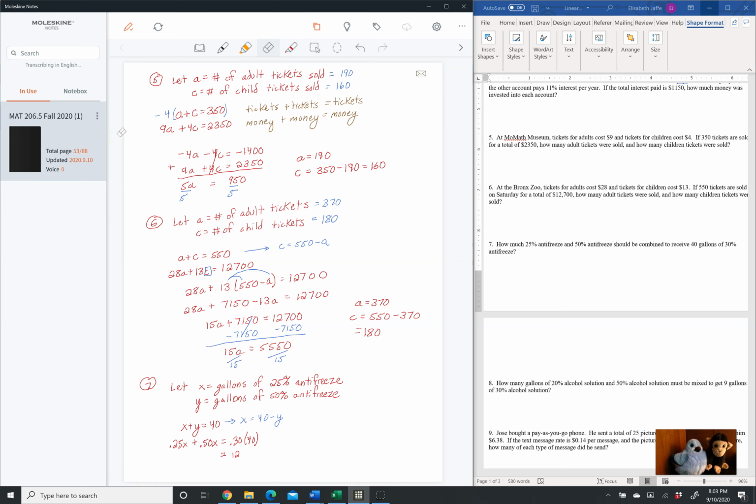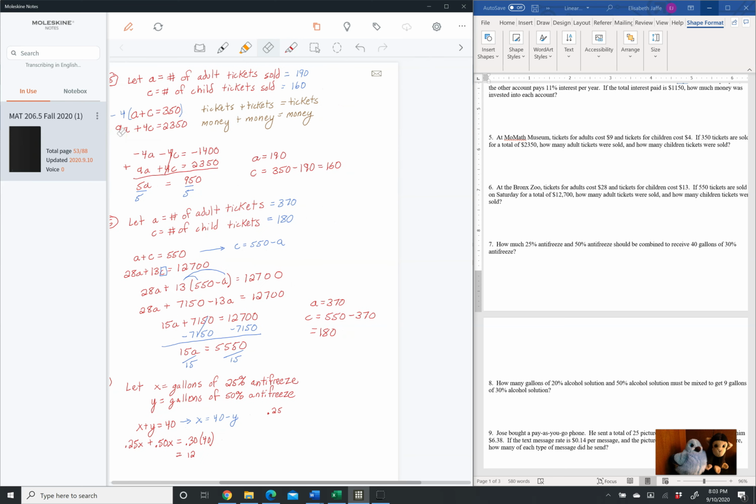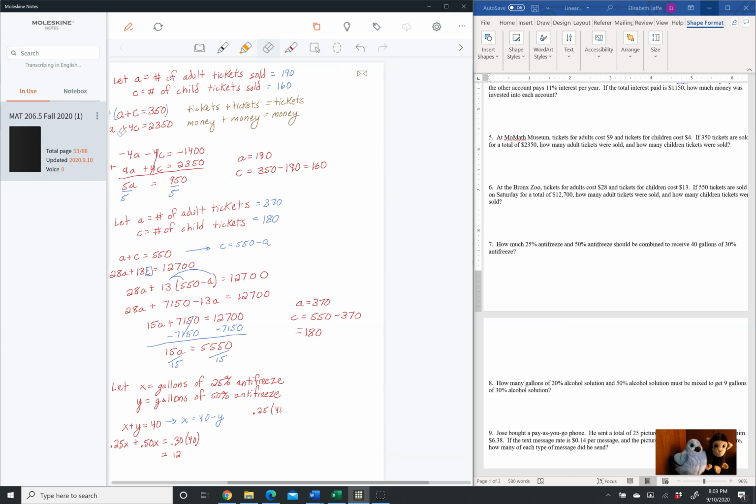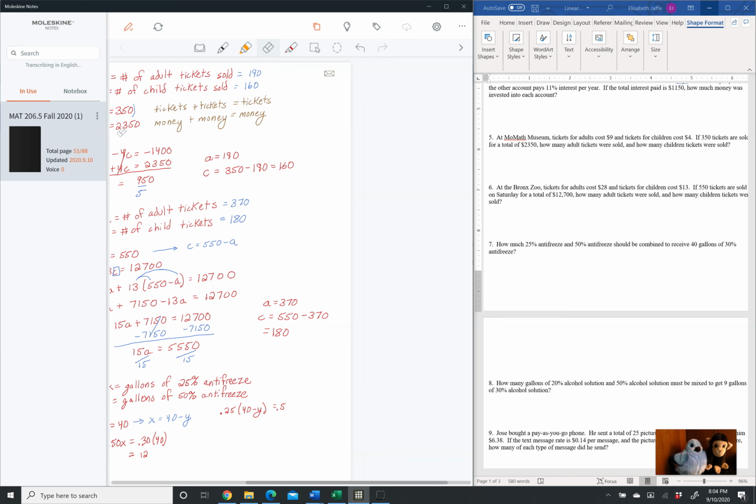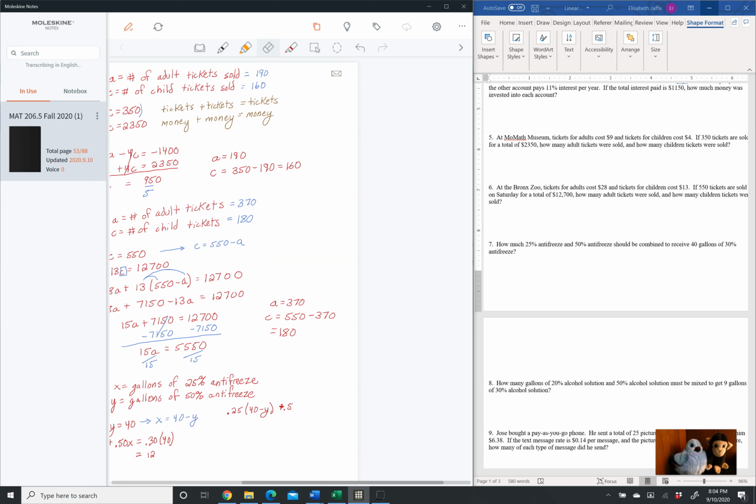So that gives us 0.25 times 40 minus y plus 0.50y is equal to 12. I did the same thing again, didn't I? It should be a y. We distribute.